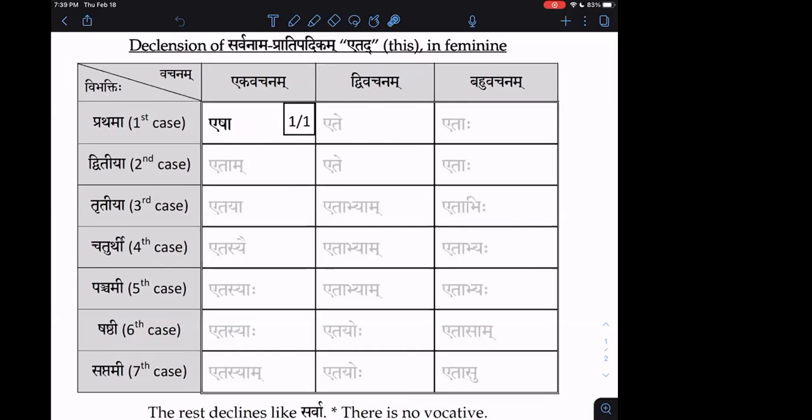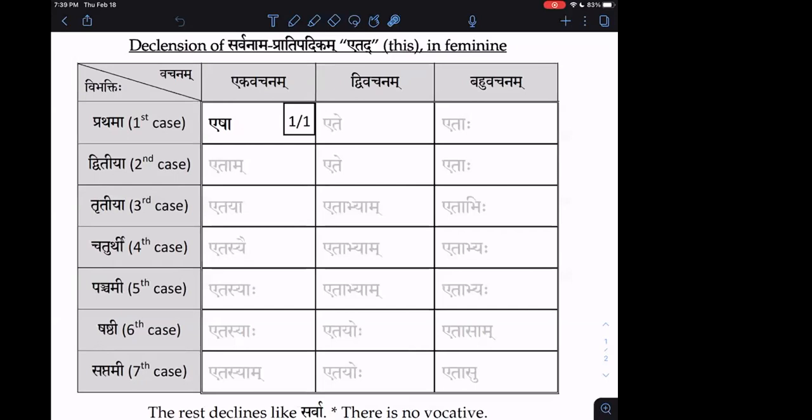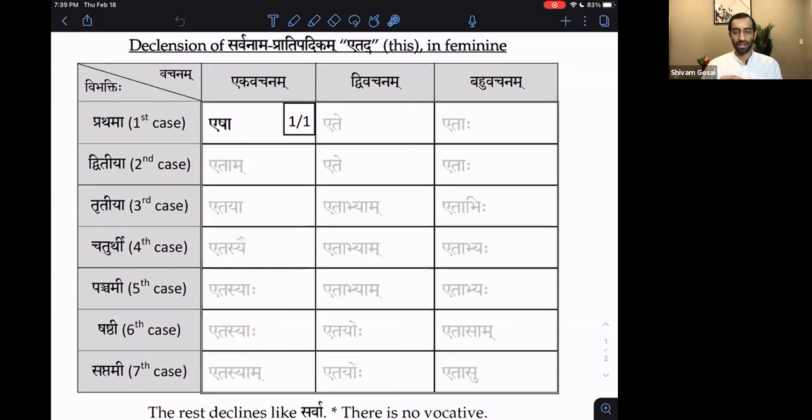It should be the long one, because the visarga takes the previous sound. Yes, that's correct. Then sixth case, etasyaha. It's not usually as long; the visarga doesn't take as long as the dirgha there. It's fine if you say it either way, both are fine.